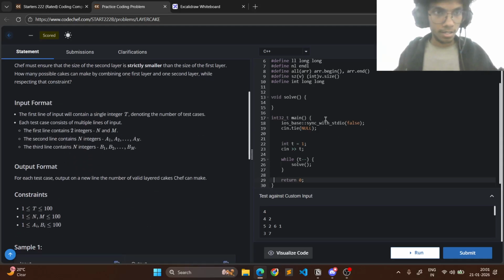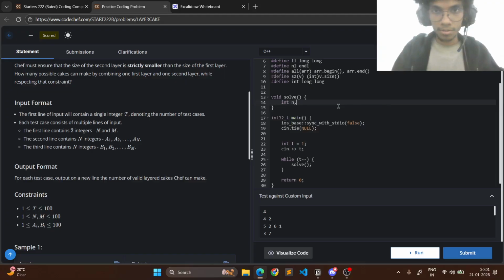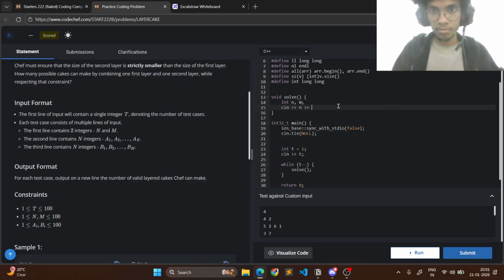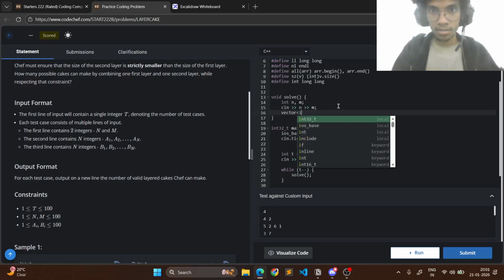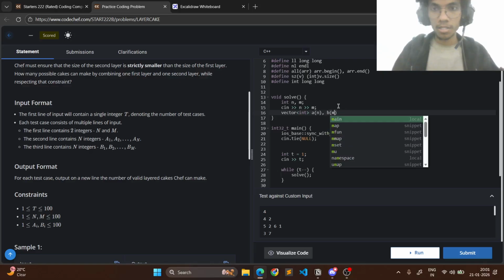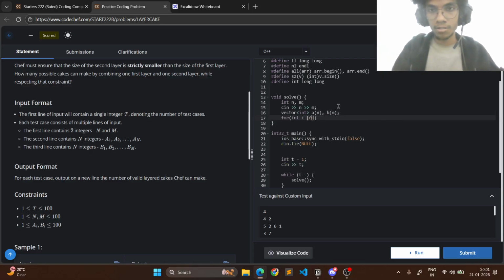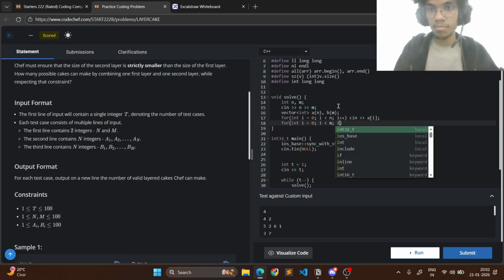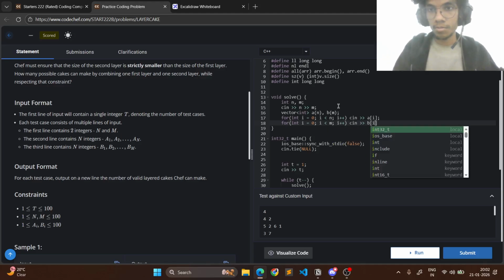This is test cases and N, M. int A of size n and B of size m. For int i equals 0, i less than n, i plus plus, cin A of i. Same for B of i.